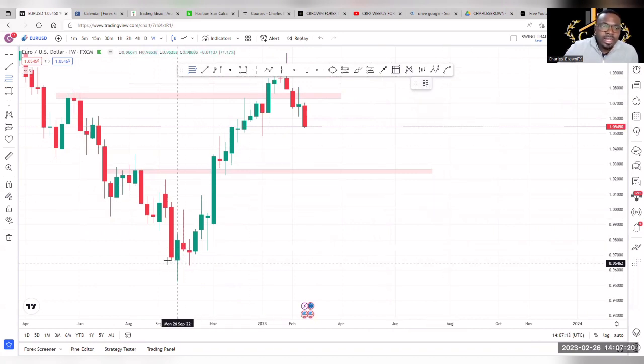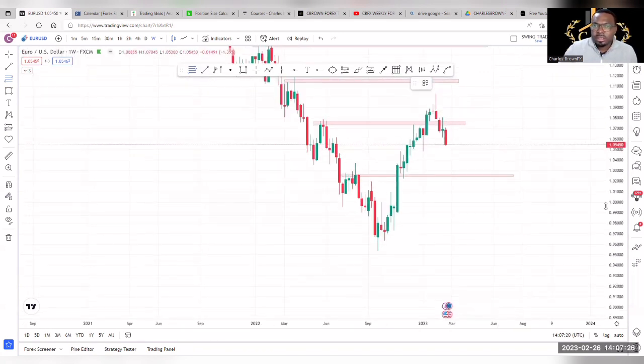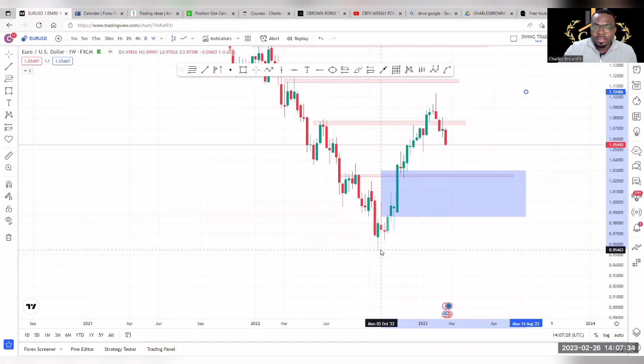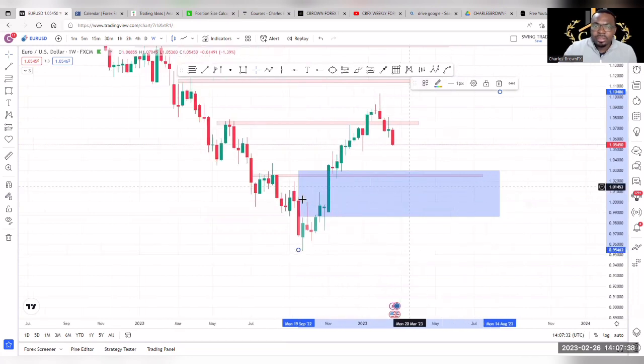Let's say you're looking at this area here, this region. You want to look at the point of interest around that level. So we're taking this high to that high. So this zone is a point of interest, but I feel this zone here is the 50% level of this whole push up.